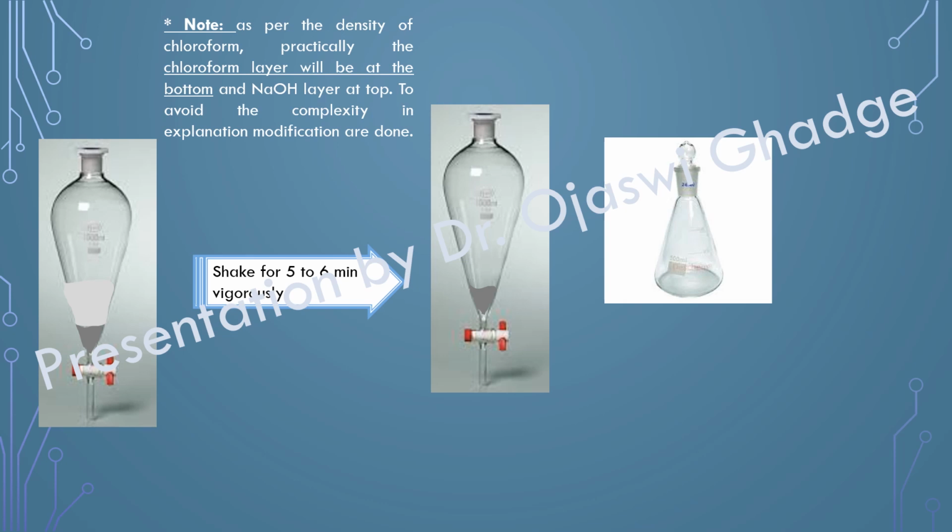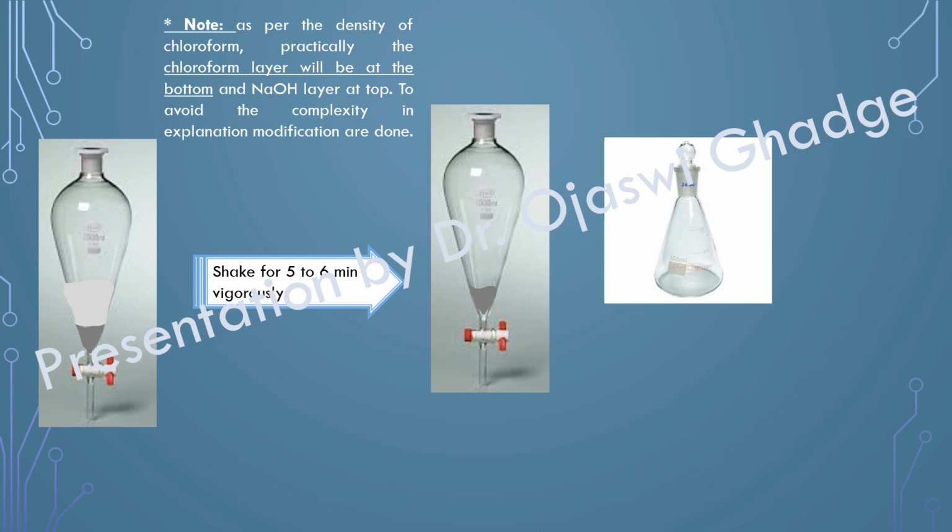Now in that chloroform some part of trimethoprim has gone, but this is only one step of extraction. So in one step of extraction, that is in these 5 to 6 minutes of shaking, the whole trimethoprim cannot enter the chloroform layer.